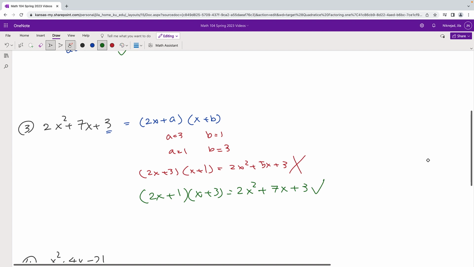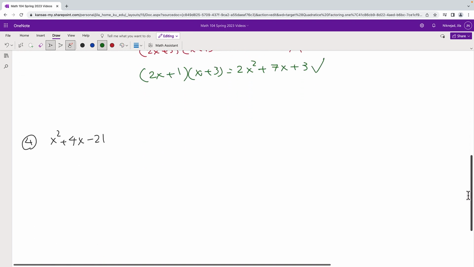And that is the correct answer in this case. So that was the factoring that we were looking for. Now, let's have one with a negative sign. In this case, x squared plus 4x minus 21, first of all, x squared has coefficient 1, so I can switch between a and b, and that's okay. But I see a times b is equal to negative 21.